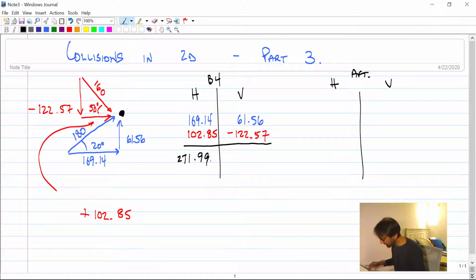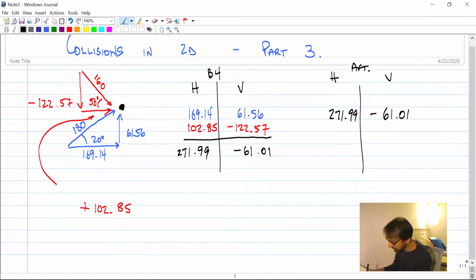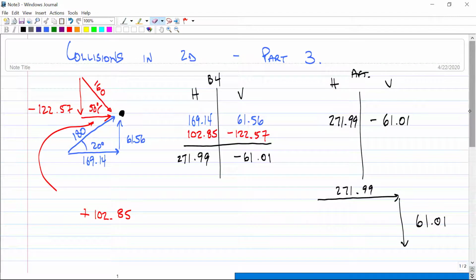And vertically, you're going to get 61.56 minus 122.57, and you're going to get negative 61.01, pardon me. So the two objects combined will have a horizontal component of 271.99 and a vertical component of negative 61.01.